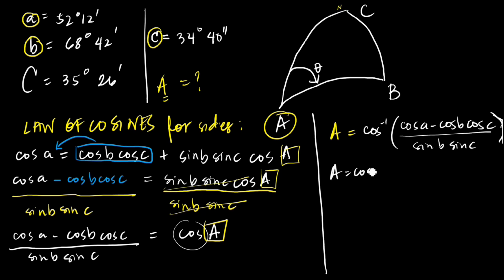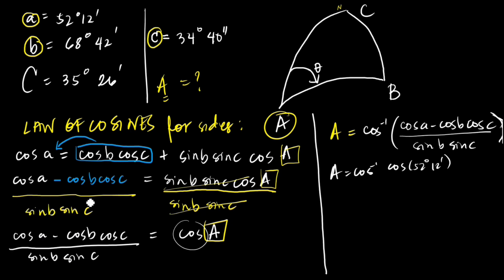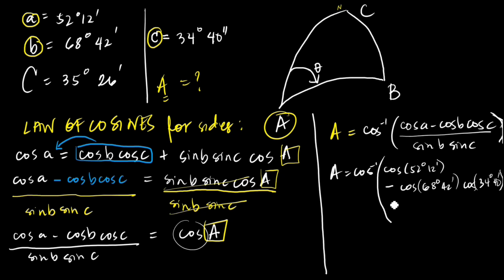So we do have big A equals the cosine of A, so cosine 52 degrees 12 minutes, minus cosine 68 degrees 42 minutes, cosine 34 degrees 40 minutes, then divided by sine of 68 degrees, 42 minutes times sine of 34 degrees, 40 minutes.